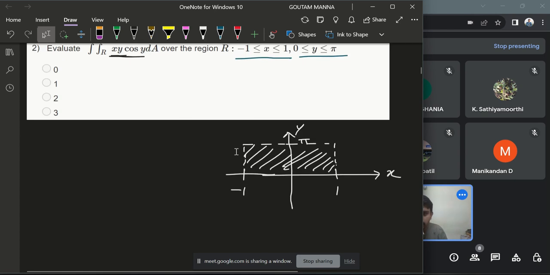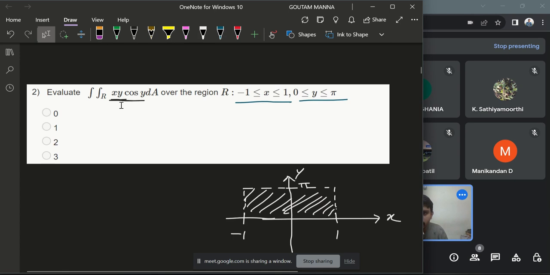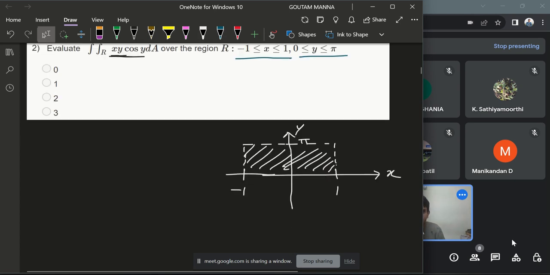Similarly as before, we can see that the x limit doesn't depend on y, and the y limit doesn't depend on x, so we can integrate either x first or y first.